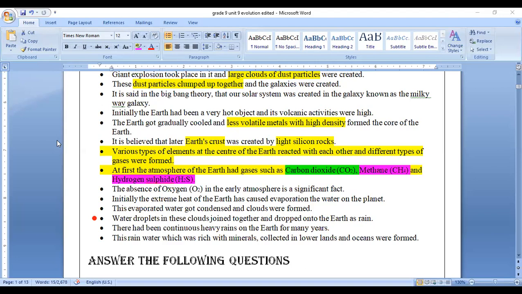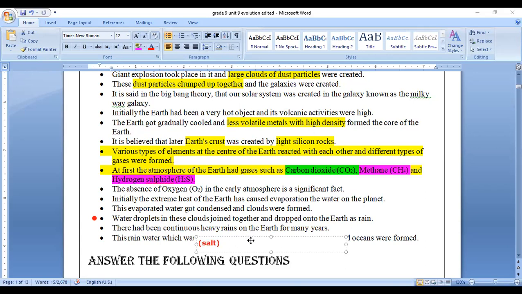When it was raining on the earth, several minerals were there. They got dissolved. Because of the dissolution, the ocean became salty. Understood? Remember the word minerals. The word minerals is applied for whom?